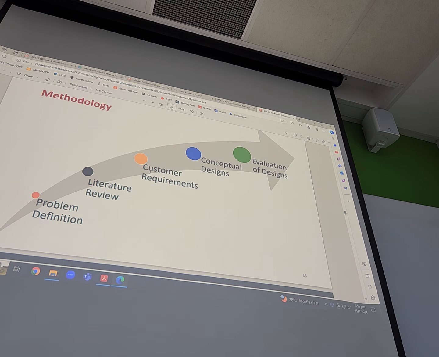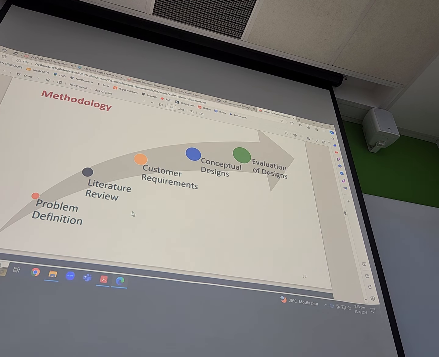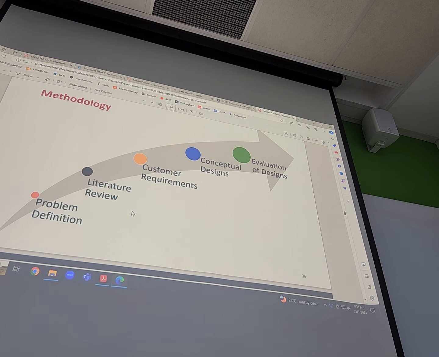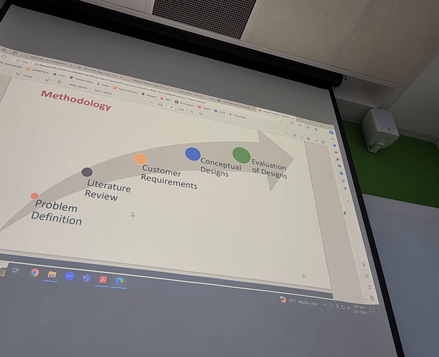Based on customer requirements, we transform them into technical requirements, because customers want everything on earth, which is not technically possible. So we prioritize the customer requirements. What is the top customer requirement? We identify in terms of percentages the number 1 requirement, number 2 requirement, number 3 requirement, and so on.